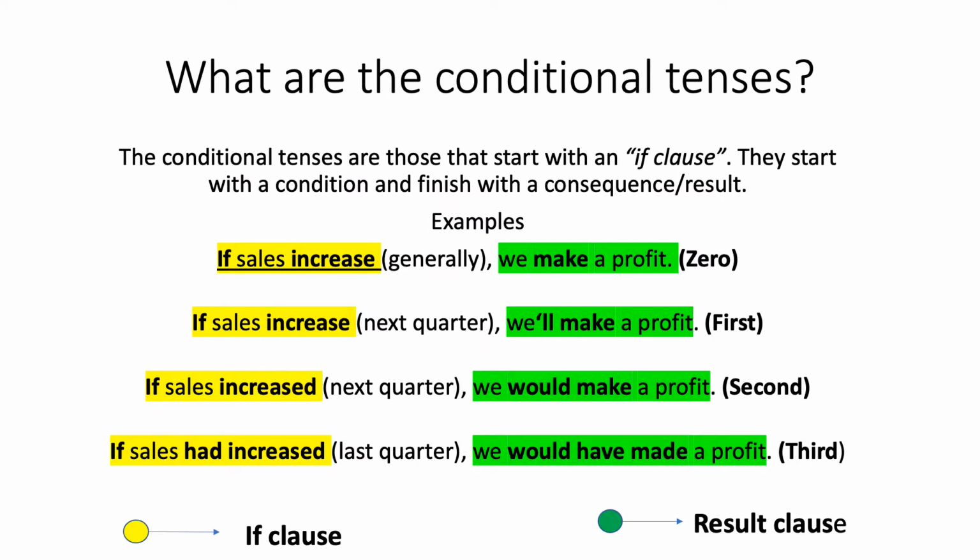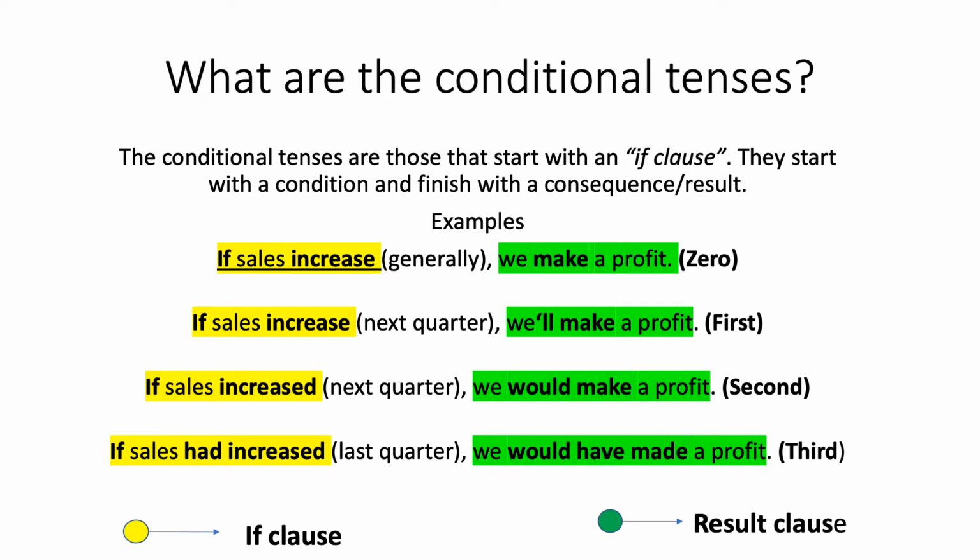What are the conditional tenses? We say conditional tenses because conditional is all about tenses and how to conjugate verbs in both the if clause and the result clause. The conditional sentences are those that start with an if clause.